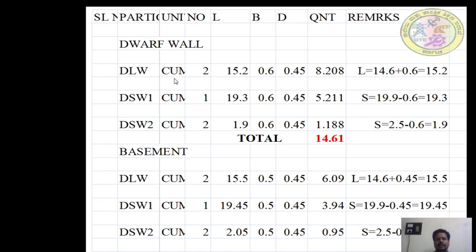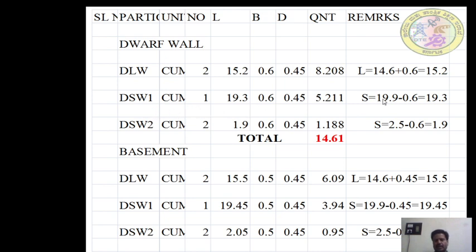Again, the same continuation for the dot wall. So the dot wall L equals 14.6. So 14.6 is the start, and we calculate the length of DL1. So the length is equal to 15.2 plus 0.6, and the depth of the dot wall equals 0.45.